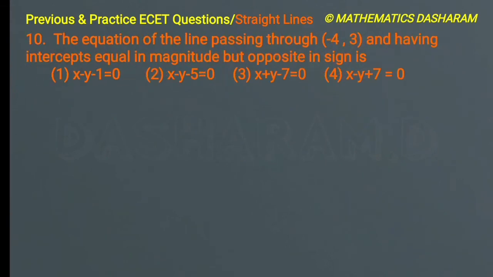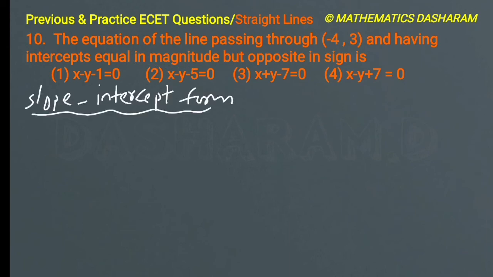Next, the 10th question is: the equation of the line passing through minus 4 comma 3 and having intercepts equal in magnitude but opposite in sign. So use the intercept form, that is x by a plus y by b equals 1. But as per the question, intercepts are equal in magnitude, magnitude means value, and opposite in sign.